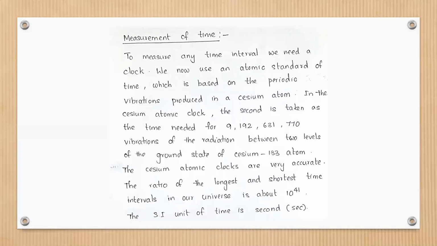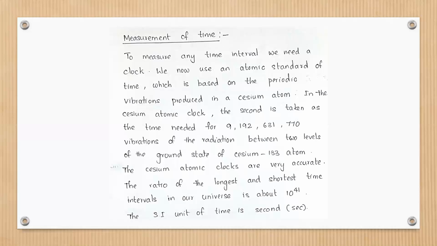In the cesium atomic clock, the second is taken as the time needed for 9,192,631,770 vibrations of the radiation between two levels of the ground state of cesium 133 atom. That means the radiation between two levels of a ground state makes vibrations between these two levels.